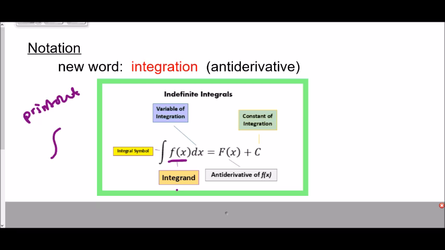This is another friend along with C. Remember when we were typing things into our calculator, it didn't know what our variable was, and we had to have comma x to let our calculator know that was our variable. Well, when we're integrating, we have to indicate our variable. So this is what dx means. dx means you're integrating x. You could integrate y, so you would have dy.